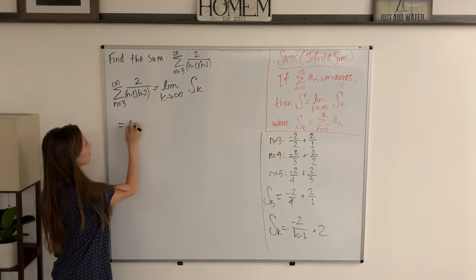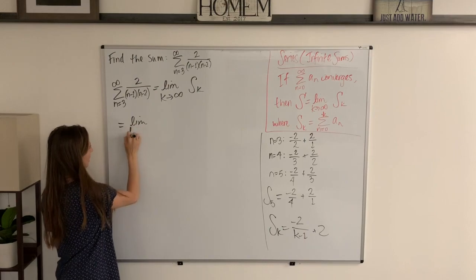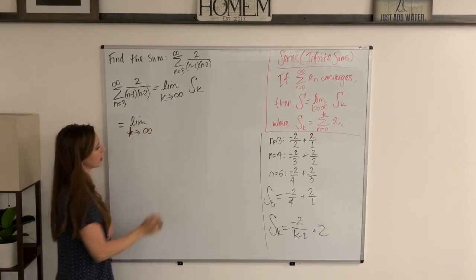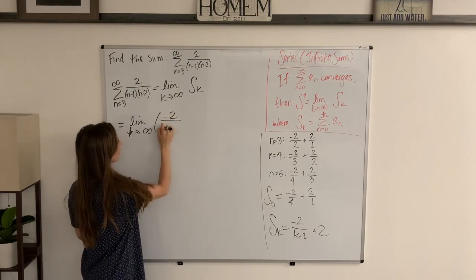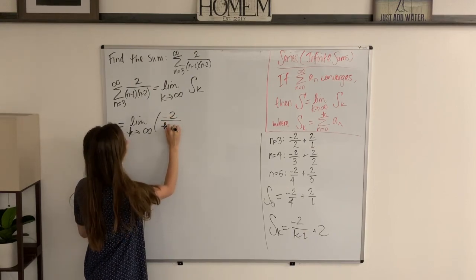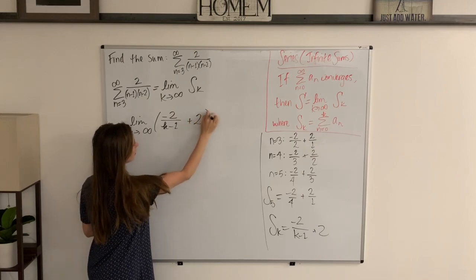And so that's going to be equal to the limit as k approaches infinity of negative 2 over k minus 1 plus 2.